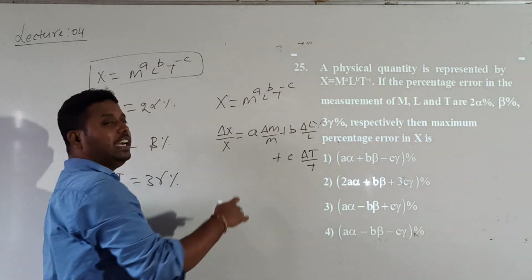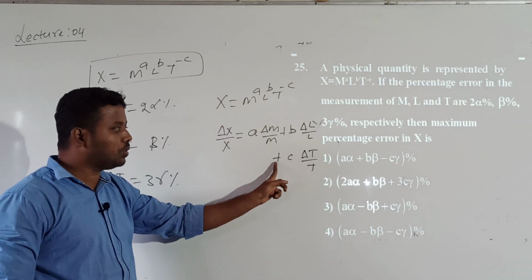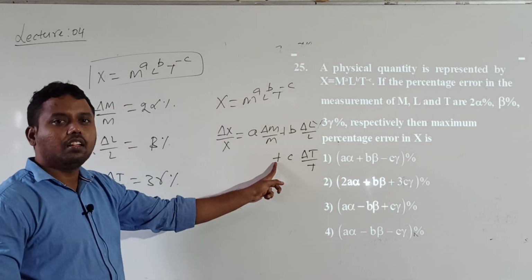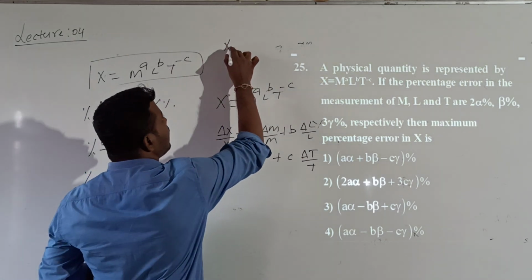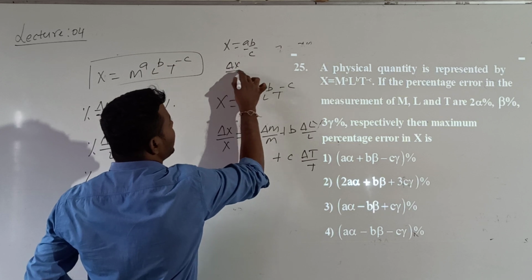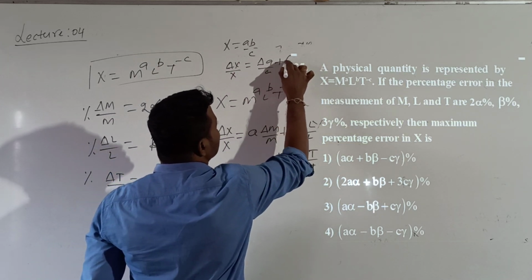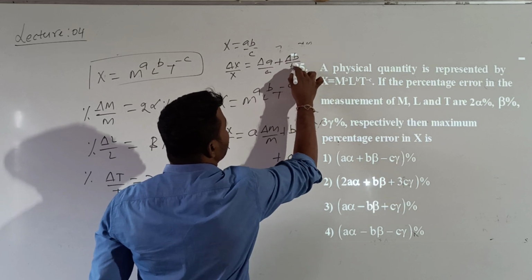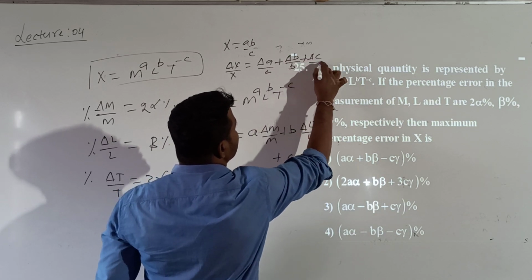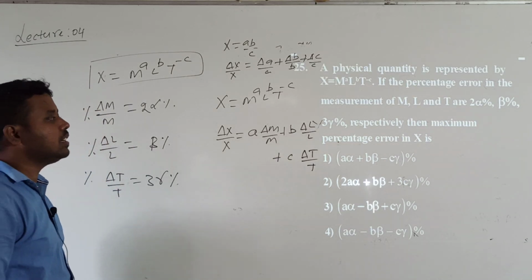You can bring the t to the denominator, and when you take it in the denominator also, you will get plus only. Correct? If x is equal to a into b by c, the formula for delta x by x is delta a by a plus delta b by b plus delta c by c, because the multiplication and division rules are the same.